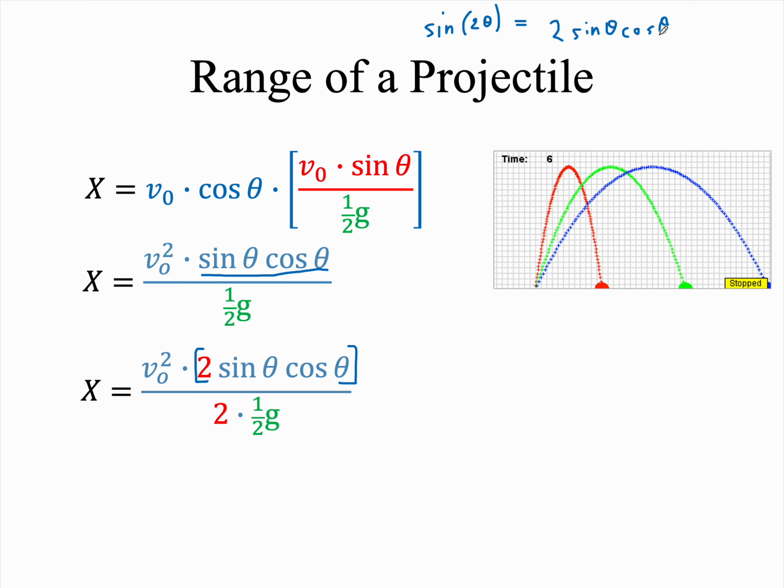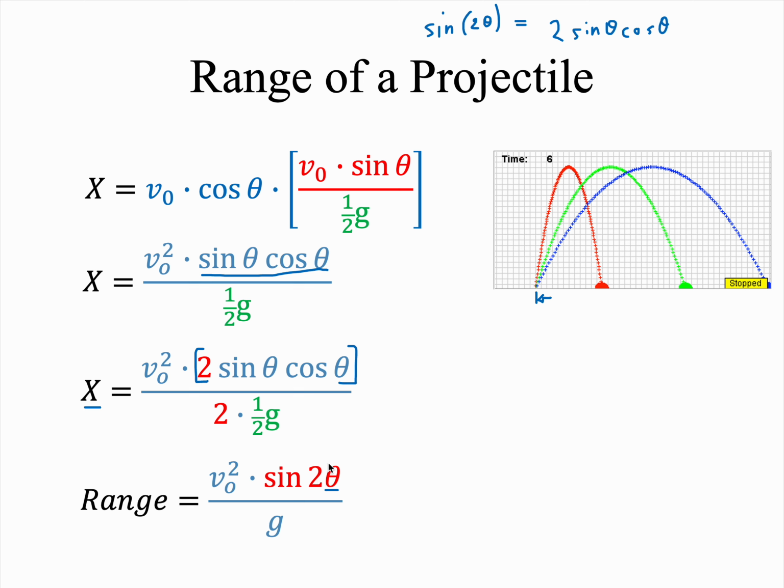And so, why did I multiply by 2 over 2? Just so I can make this term equal that. When I do that, I can actually simplify it down to this. The range, that is the x position when y is equal to 0 again, is simply given by this equation, where v0 is your initial velocity, you square it, times the sine of 2 times whatever the launch angle is.